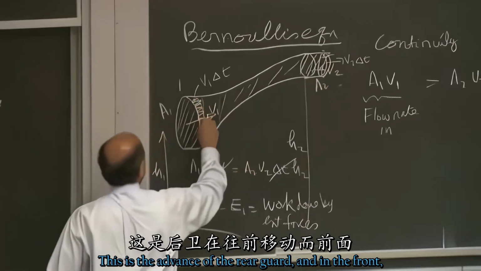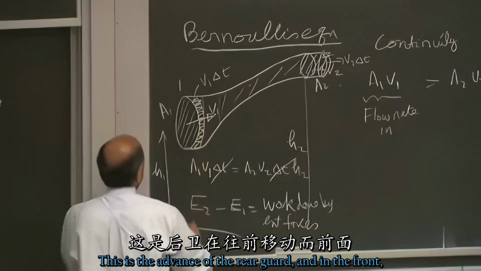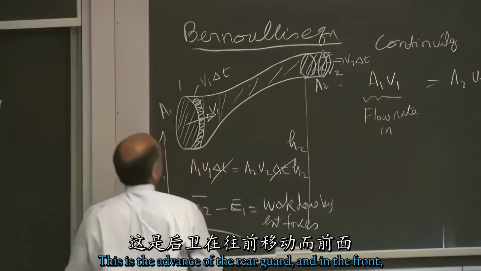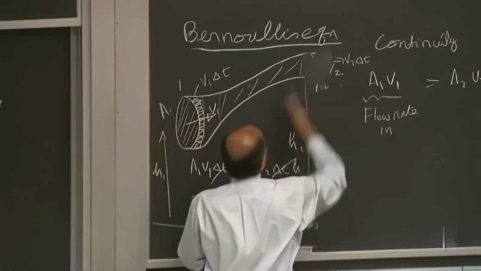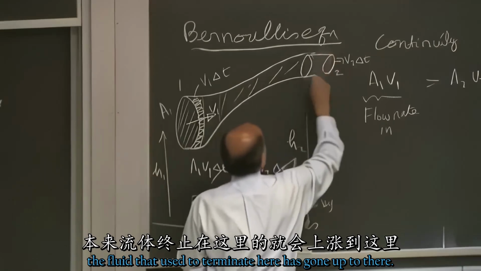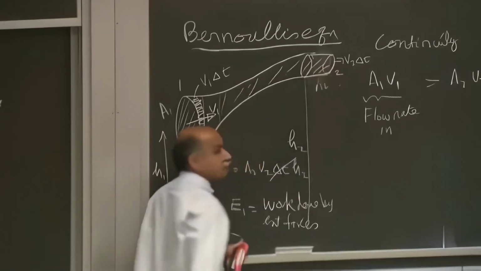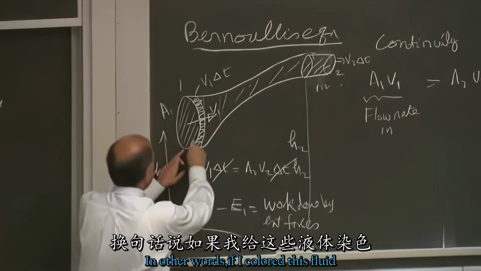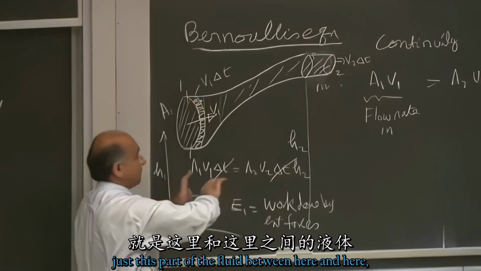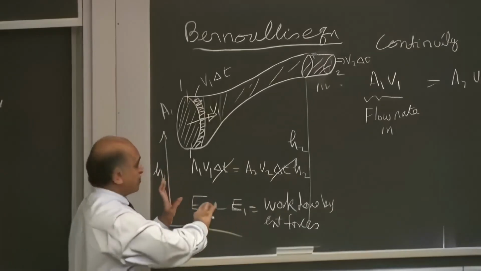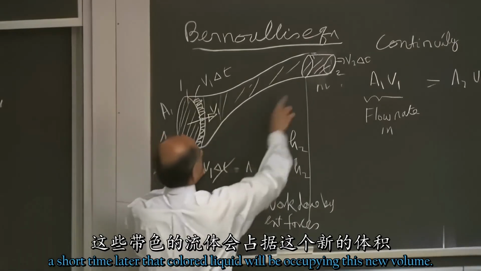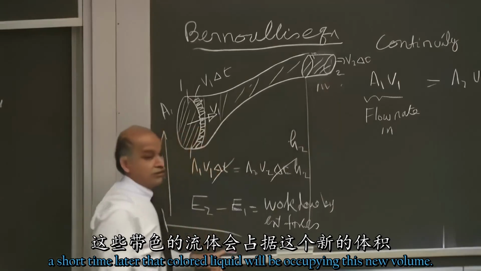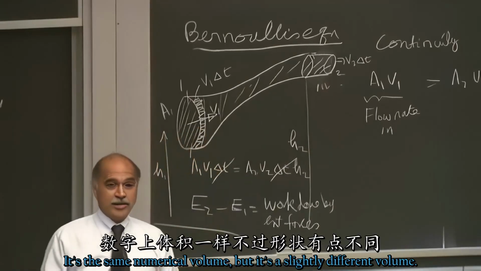This is the advance of the rear guard, and in the front, the fluid that used to terminate here has gone up to there. In other words, if I colored just this part of the fluid, between here and here, a different color from the rest of the fluid, a short time later that colored liquid will be occupying this new volume. It's the same numerical volume, but it's a slightly different volume.